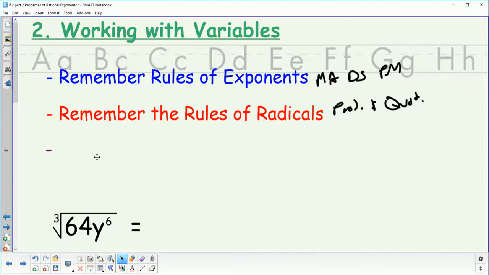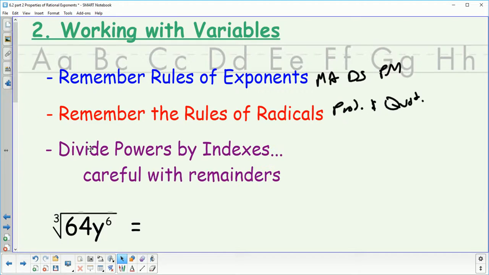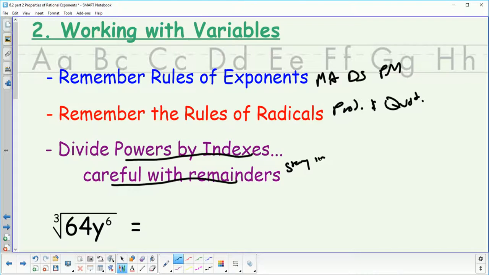In addition to that, when we start to add in variables, this is the new piece. Think about dividing your powers by the index, and you're going to need to remember remainders. These are going to stay under the root.